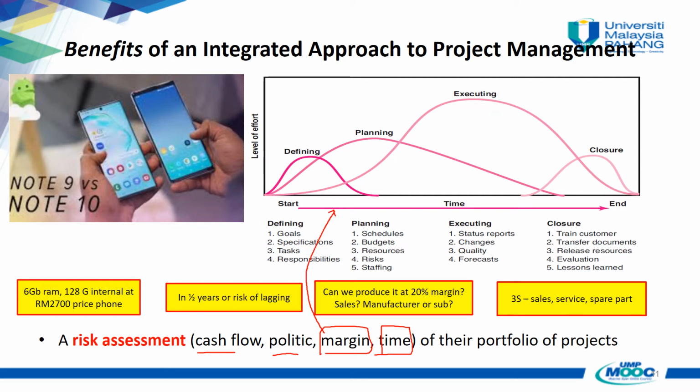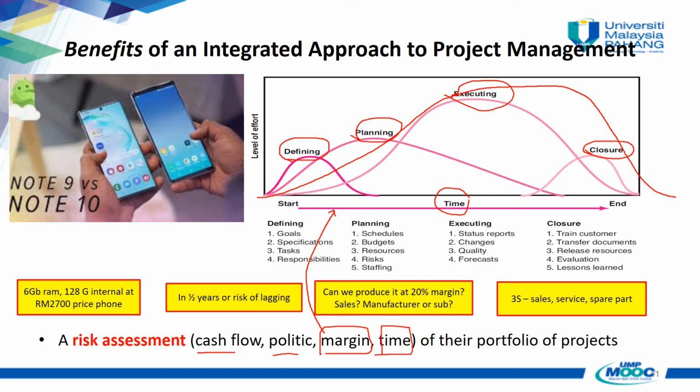based on our level of effort versus our time there, because we will see that for all of our product development here, from our product life cycle, what happened during the defining stage, during the planning stage, during the executing, and also during the closure, what happened to our cash flow, politics, margin, and time there.